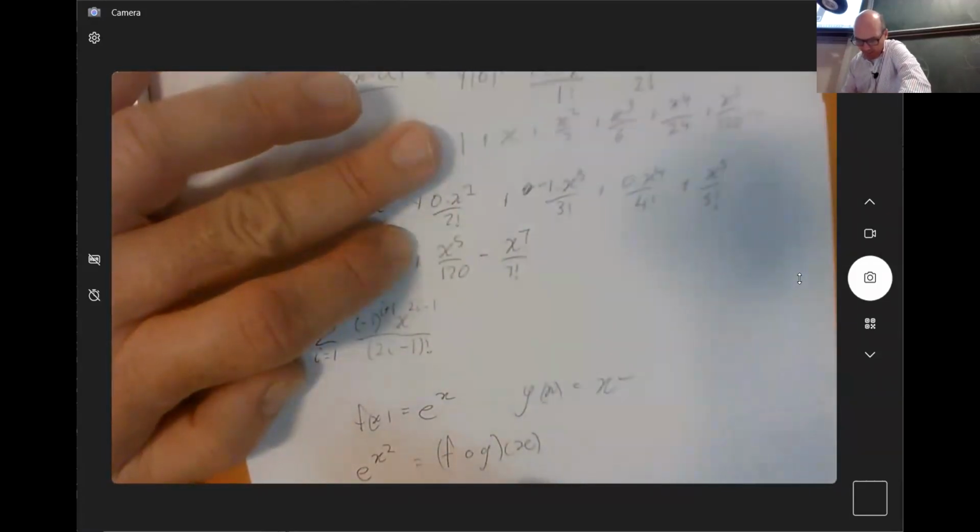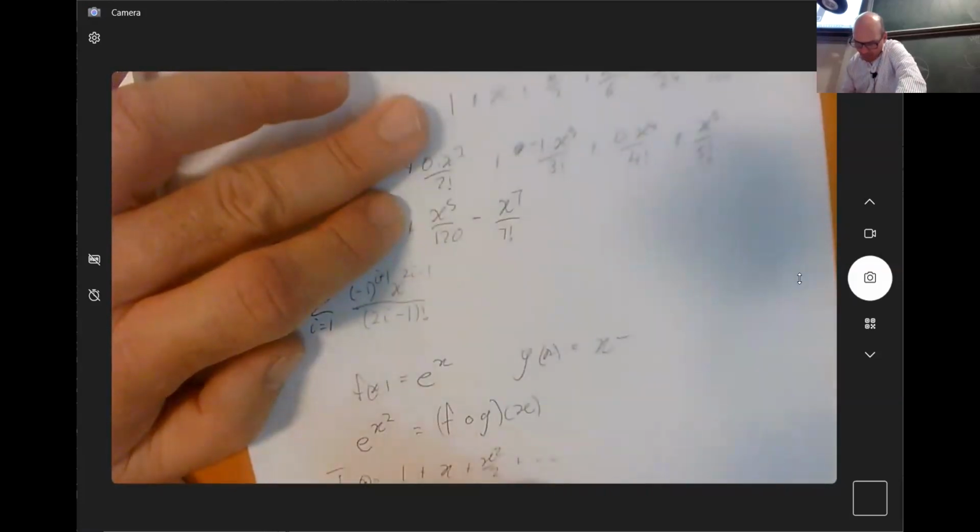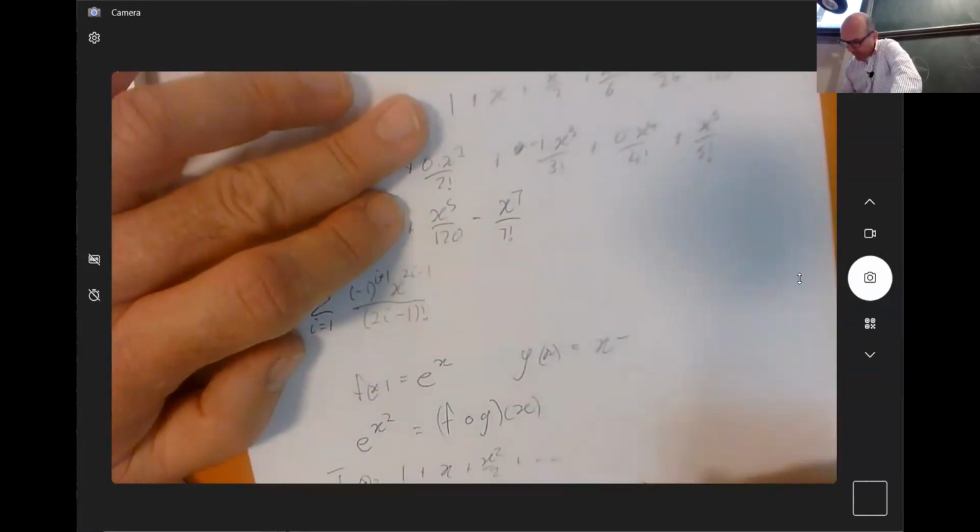My Taylor polynomial for e to the x is equal to 1 plus x plus x squared on 2 plus dot dot dot. So the Taylor polynomial for e to the x squared is just 1 plus x squared plus x squared squared on 2 plus x squared cubed on 3 factorial plus x squared to the power 4 on 4 factorial, and so on and so forth.